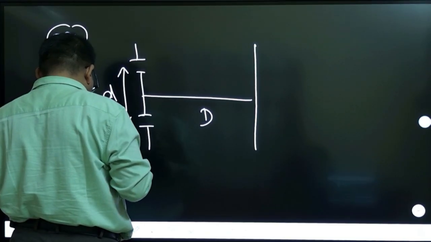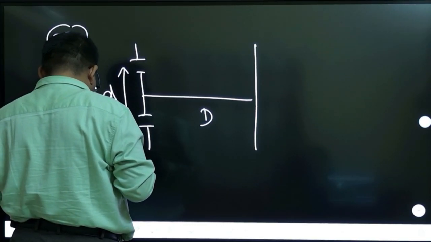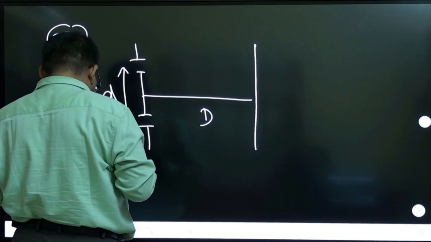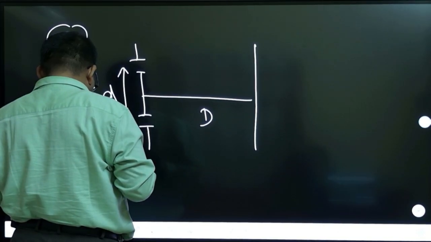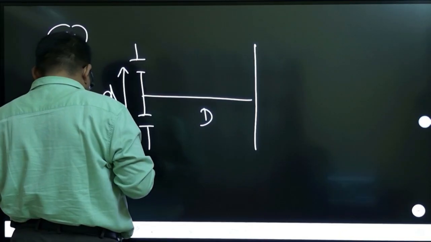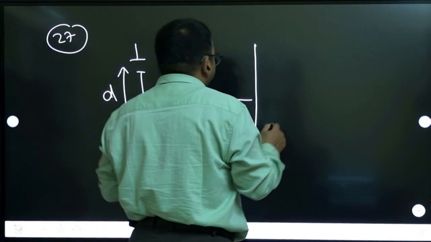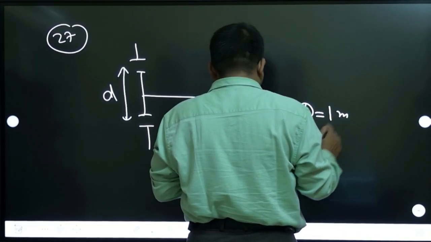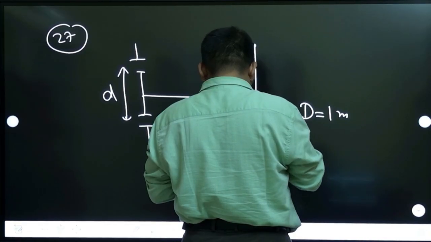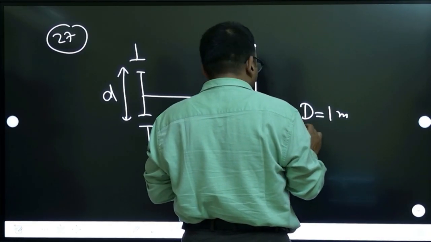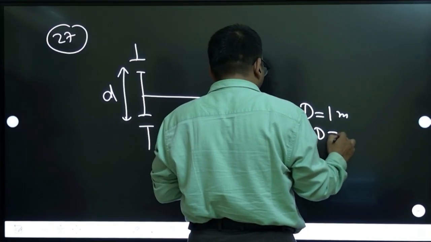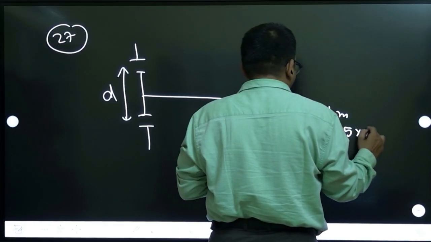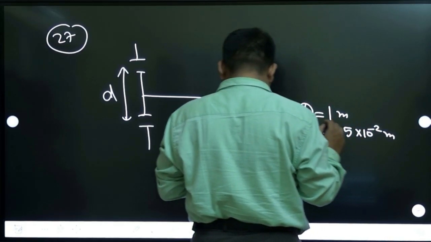Then fringe width changes by some factor. The separation between these slits, small d, is given, and the wavelength of light is asked. So first of all, what are the things given? Let us write that: capital D they have given 1 meter and they are changing it. The change of capital D is 5 centimeter, or 5 into 10 to the power minus 2 meters.